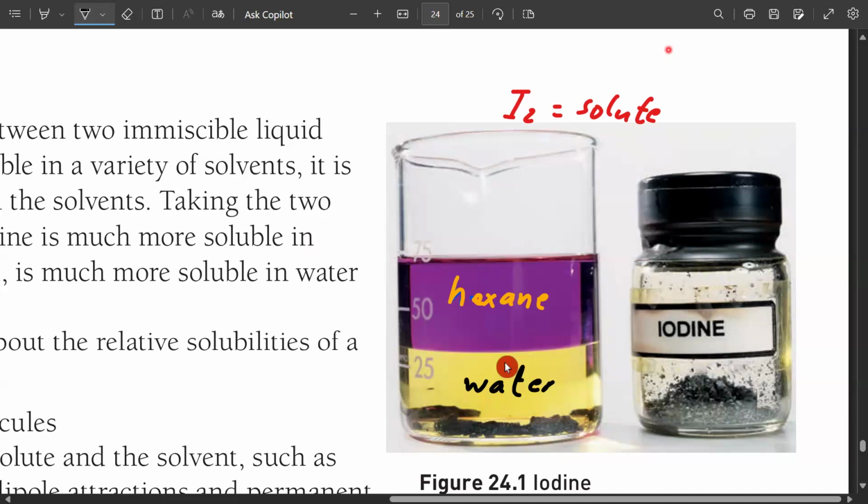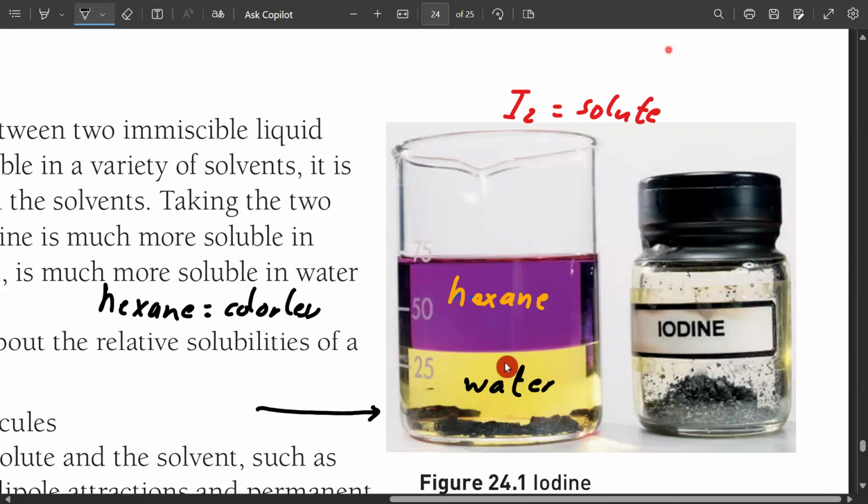Now we can see the color of iodine in solid form is gray, and you can find it settled down, which means the excess amount of iodine is insoluble, but the remaining one which has dissolved is represented in these two colors. Although hexane is basically colorless, you can see it's purple over here. What does it indicate?